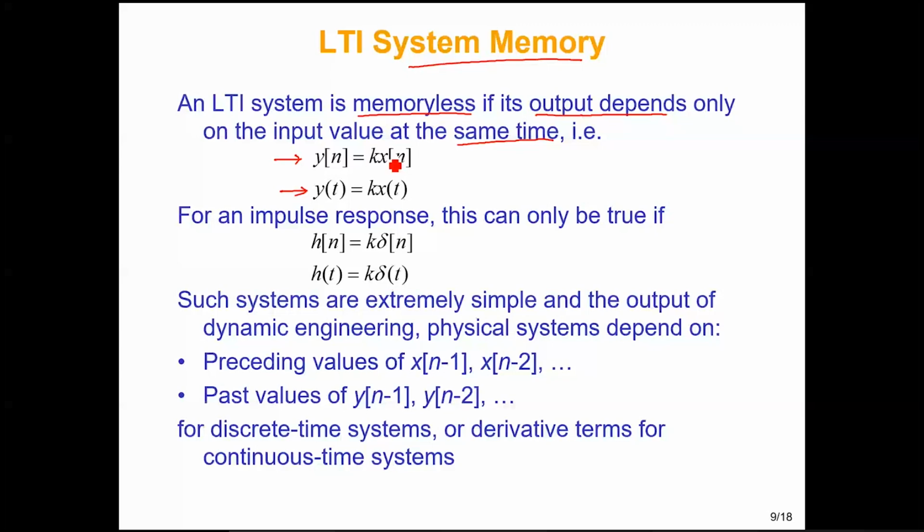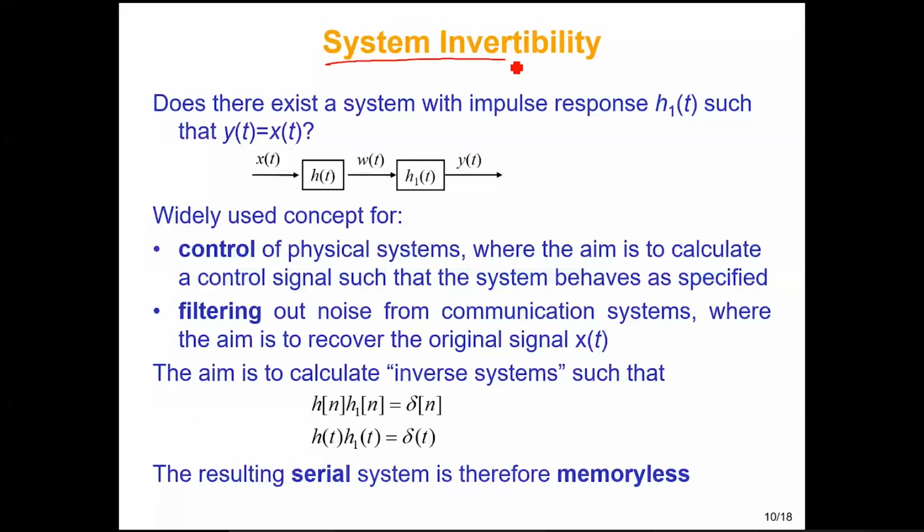We talked about system invertibility, and we said that a system is invertible if there exists another system which can undo the effect of the first one. So if the output of this one goes here and the output here is the same as x(t), then we say that this one is an invertible system and this is the inverse of this system.